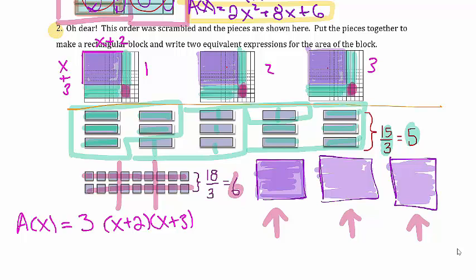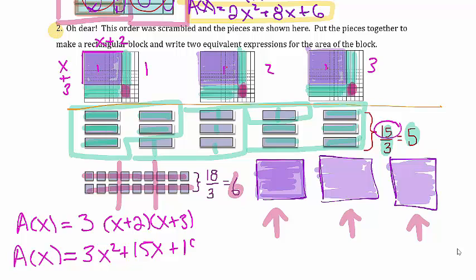Or you could say, if you wrote it not in the length times width form, that we have 1, 2, 3 X squareds. We have 15 X's and 18 ones. So again, it's just showing you how you could have a quilt 3 times bigger, it would be the same amount of fabric, or 3 quilts this size, and how you would write that.